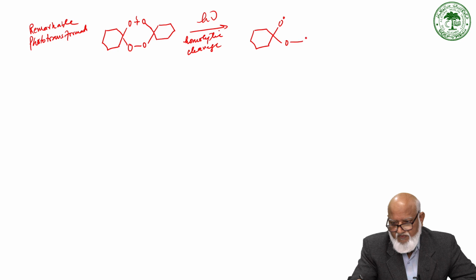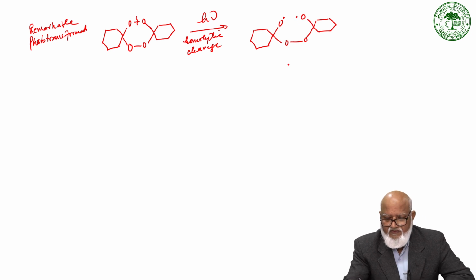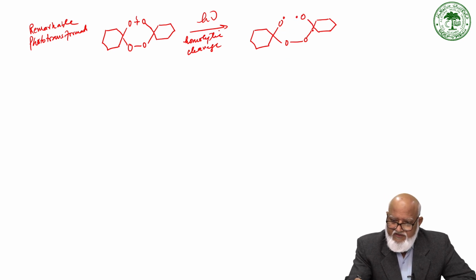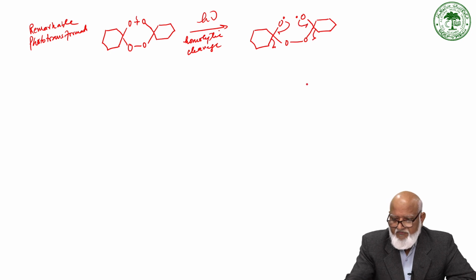Now the 6-membered ring opens up, the O dot becomes a carbonyl, and then this cyclohexyl ring opens up, same as here, this becomes a carbonyl, this opens up. So we get a 6-membered ring with a carbonyl here.